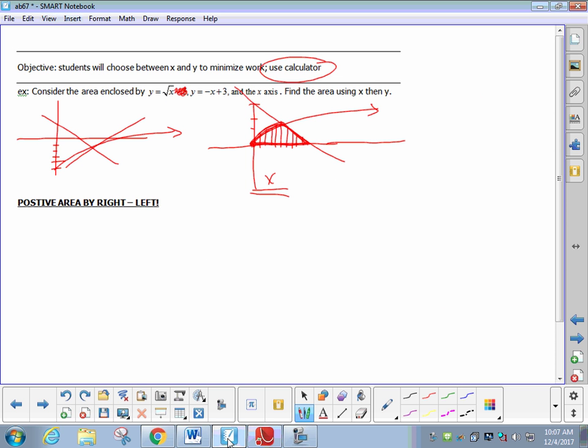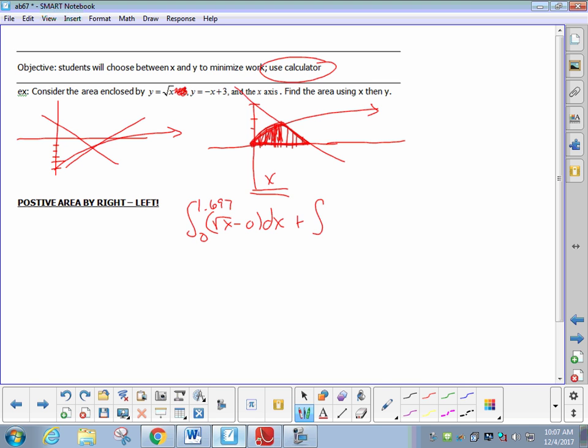1.697. All right. So if I do this in terms of x, my first integral is from 0 to where? 1.697. Of what? Upper minus lower: square root of x minus 0. I wouldn't count off if you didn't put 0, but I think you'll find it helpful later if you get in that habit.